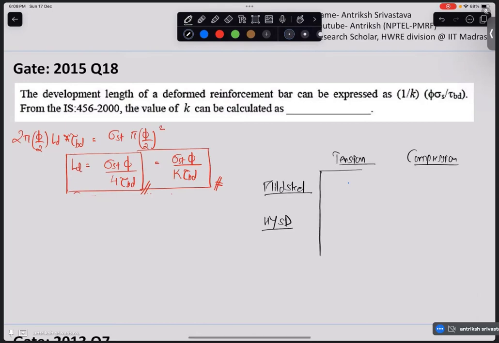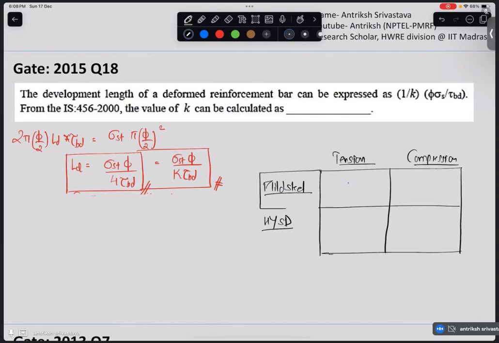So we make this 2 by 2, and here we are going to write the value of K, where K is nothing but this particular variable. So what we saw, for mild steel under tension, K is equal to 4, right?